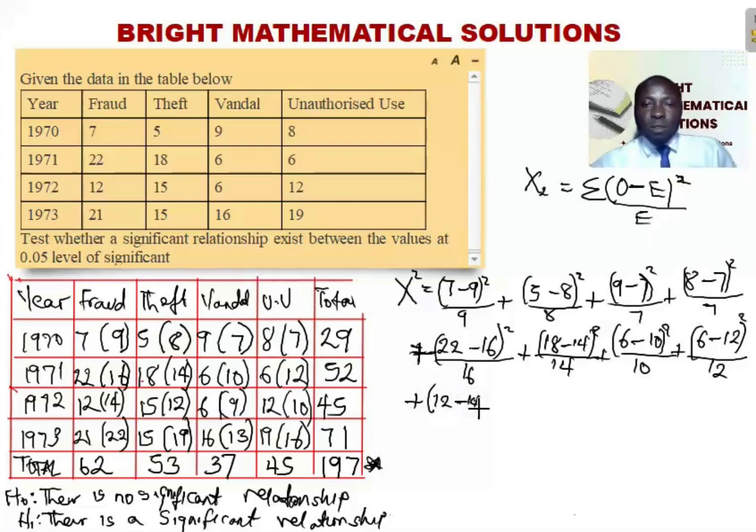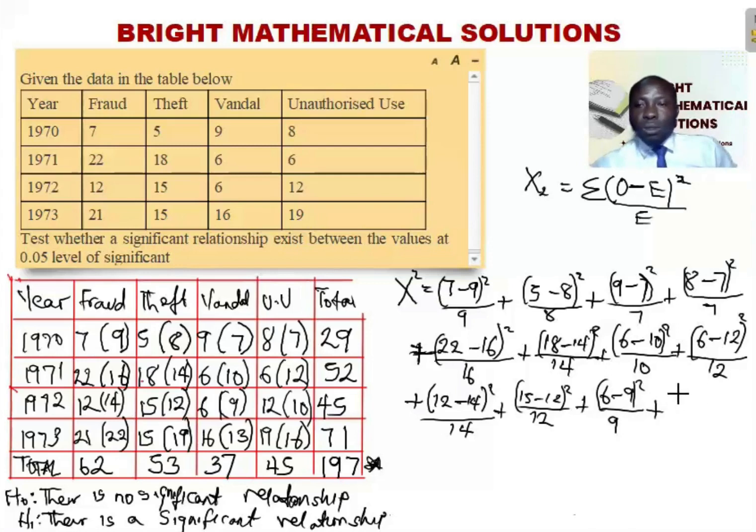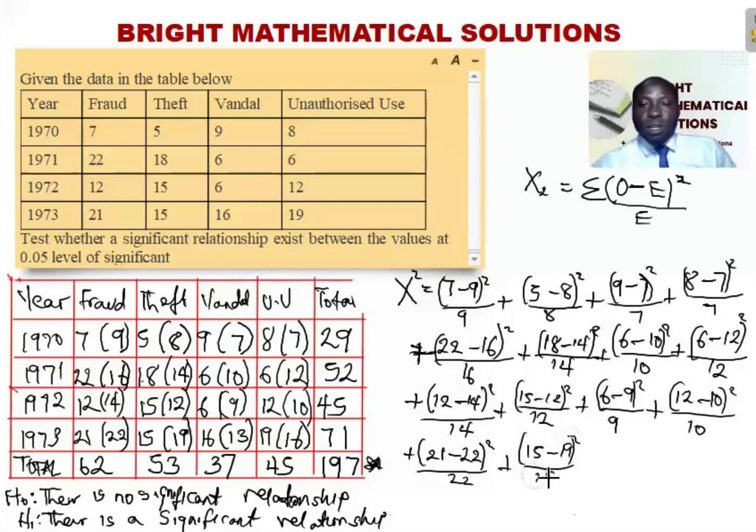12 minus 14 square divided by 14, plus 15 minus 12 square divided by 12, plus 6 minus 9 square divided by 9, plus 12 minus 10 square divided by 10, plus 21 minus 22 square divided by 22, plus 15 minus 19 square divided by 19, plus 16 minus 13 square divided by 13, plus 19 minus 16 square divided by 16.